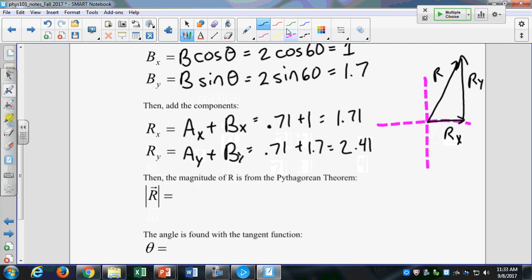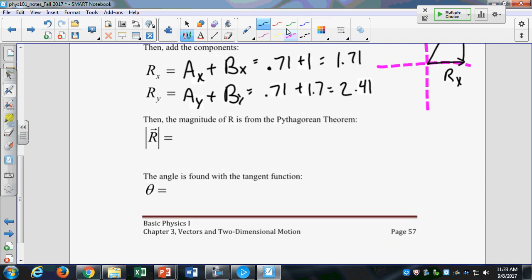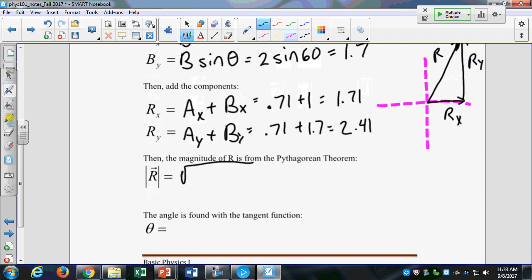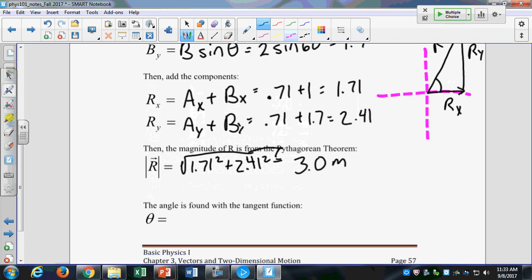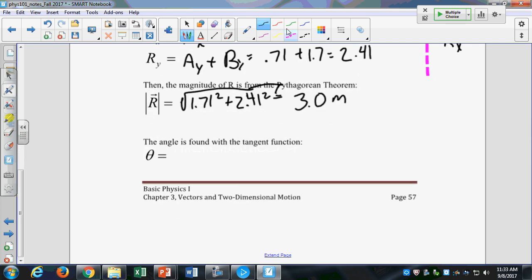I find the magnitude of R from the Pythagorean theorem. So that's going to be the square root of 1.71 squared plus 2.41 squared. That's equal to 3.0. And then if I want to know this angle theta right here, I use my trig function.